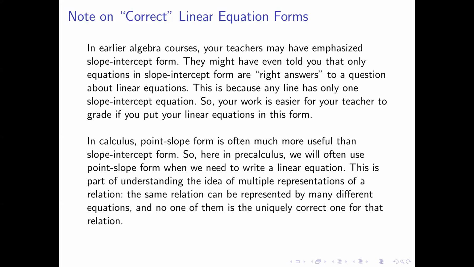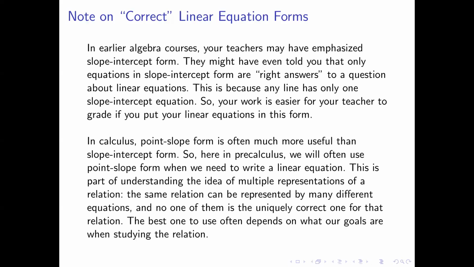They all do the same thing. They all represent the same relation. Which one we want to use really just depends on what's easiest for us, what's going to take the least amount of time and lead to the fewest mistakes and so on. So we'll often want to think here about our goals in writing an equation, as well as the information that we have available as a kind of guide for what type of equation form is best to use in a given context.